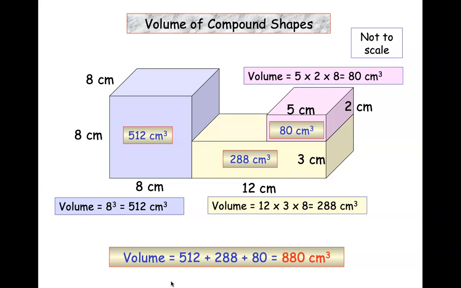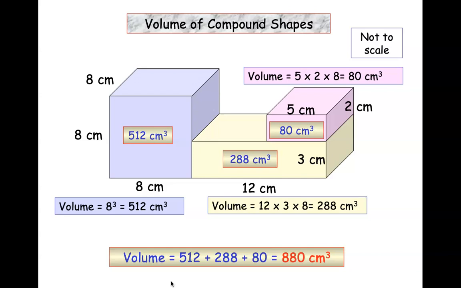You might be asked on the odd occasion to work out the volume of a shape where perhaps they give you the length in centimeters, the width in millimeters, and then the height in centimeters. So just remember, it's the same with area. You must be working in the same units of measurement. So it must all be millimeters, or all be centimeters, or all be meters.